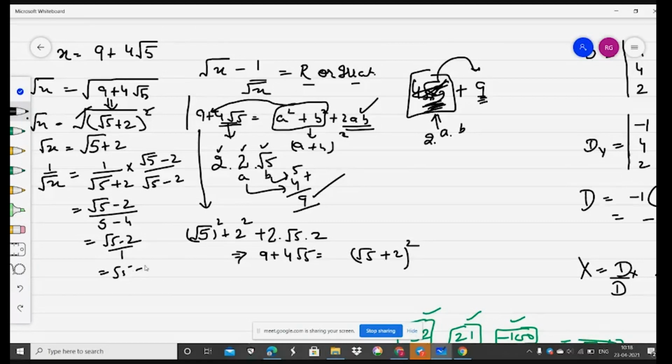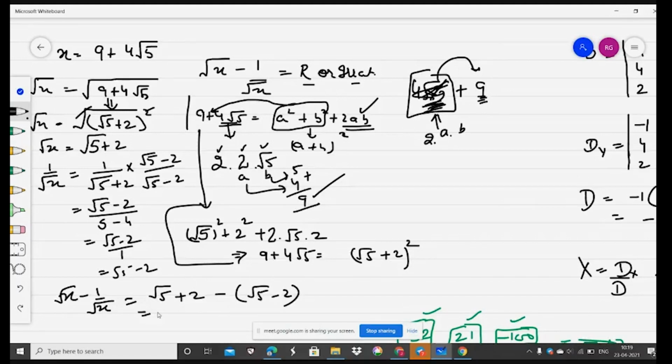Now finally we are supposed to find root x minus 1 by root x. It means we take root 5 plus 2 minus (root 5 minus 2). This is equal to root 5 plus 2 minus root 5 plus 2. Root 5 cancels with root 5 and the answer is 4.